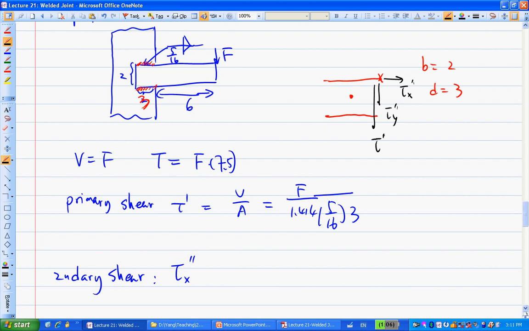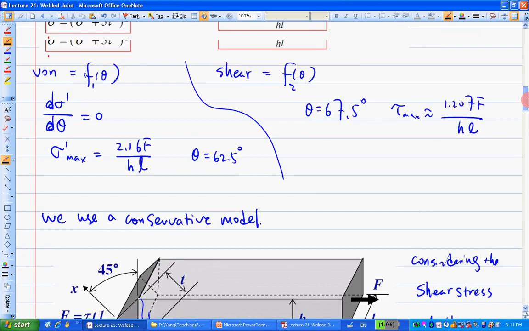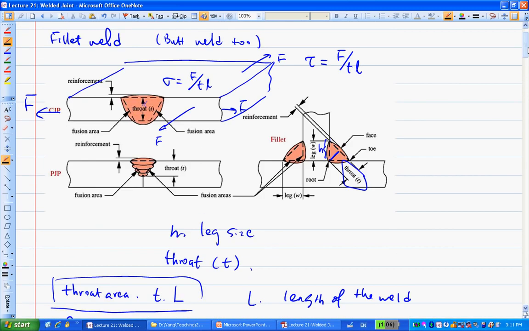That's the decomposition. Yeah. This is just the leg size, H. Right? Yeah. Is that good? So if you go back to your typical drawing here, this is H. Okay? Yeah.